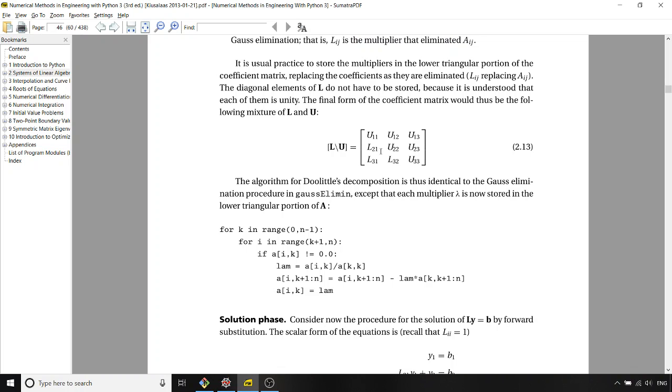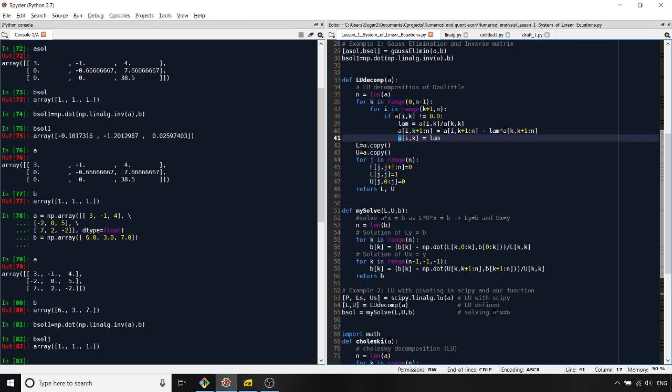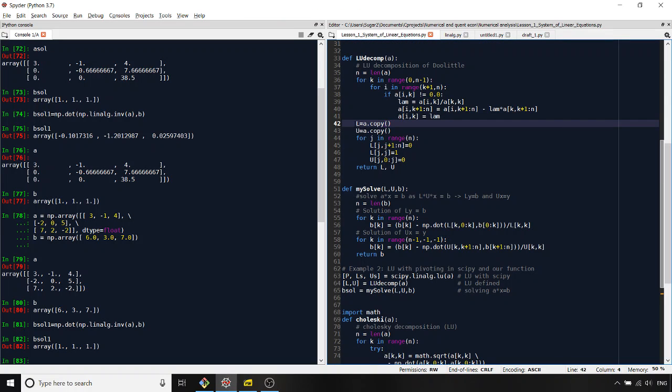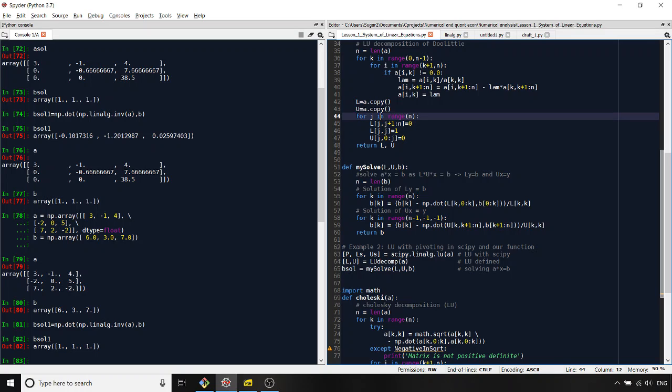This A matrix, to say again, is like this, lower and upper matrix together, and from here we define both of them as similar, and we will go through each of their columns and rows. Then we put values 0 where we want them to be 0 for the lower triangle matrix.